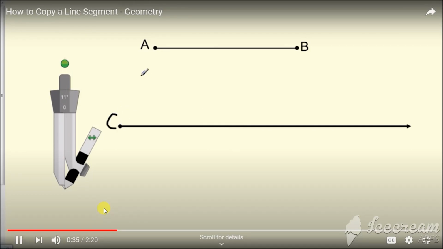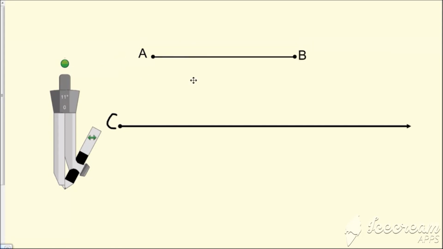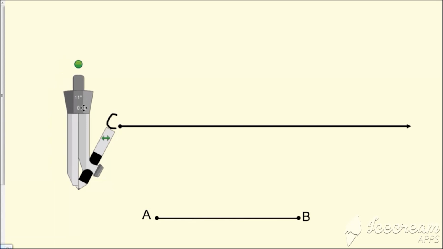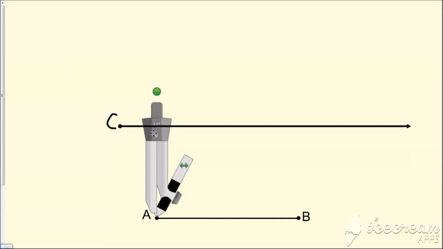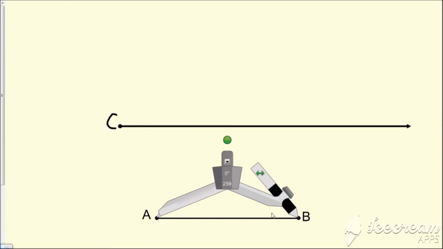Now what we want to do next is set our compass on the endpoint A, and extend the length of the compass so that the pencil end reaches point B. At this stage we've set the length of the compass equal to the length of line segment AB.